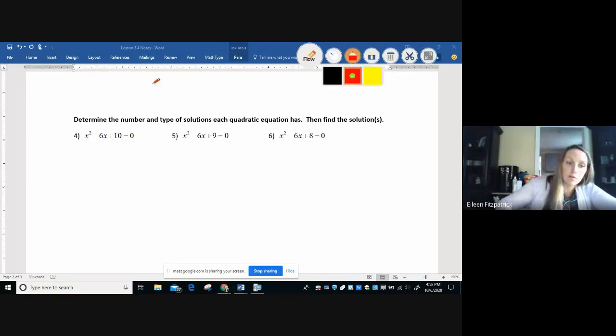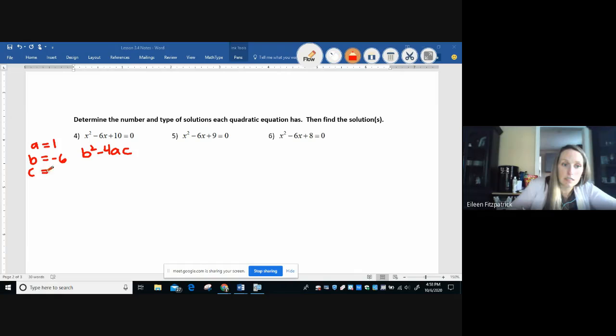So the discriminant, remember that's the part that's under the radical, which is b squared minus 4ac. So you have to identify your a, b, and c values like we normally do. A is 1, b is -6, c is 10. So it's -6 squared minus 4 times 1 times 10.